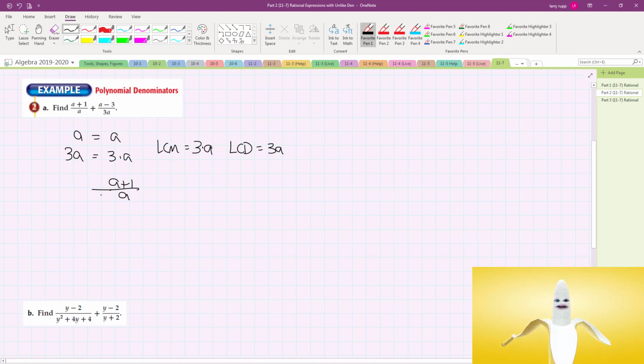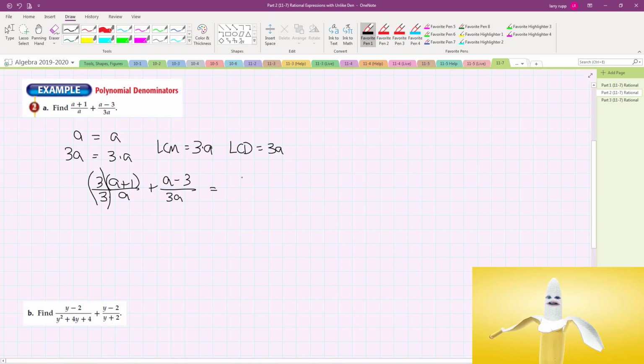What's it missing? Well, it's missing the 3, right? And if you multiply the bottom by the 3 here, you have to multiply the top by the 3 as well. And you have to put that in parentheses because you're multiplying the whole numerator. So you're multiplying this side by 3 over 3, and then plus a minus 3 over 3a.